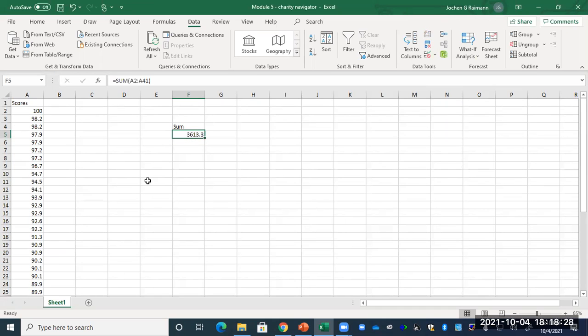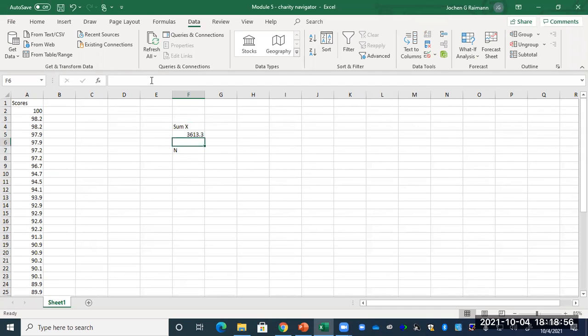Equal sign, SUM, bracket, A2, which is here score 100, to A41, which is 71.5. That's the lowest one. The sum of this should be 3,613.3. So this is actually the sum of x, right?